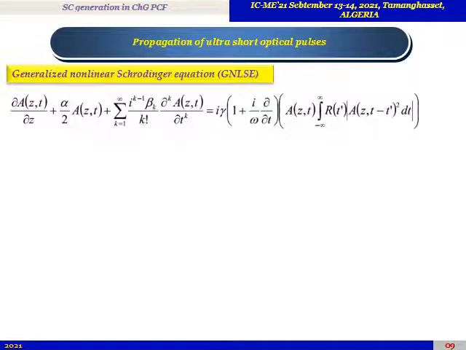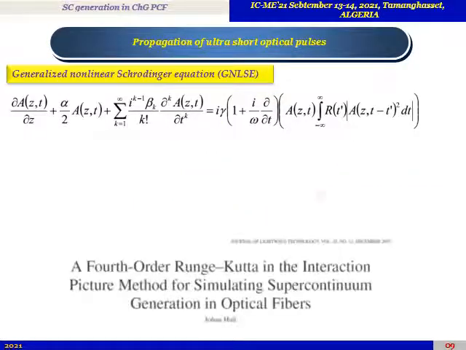So, how do we model the propagation of pulses in optical fiber? We generally use the generalized nonlinear Schrödinger equation, which simulates the propagation of laser pulse envelopes given by the function A, and models the various linear and nonlinear parameters such as dispersion, the Kerr effect, and the Raman response of the medium.